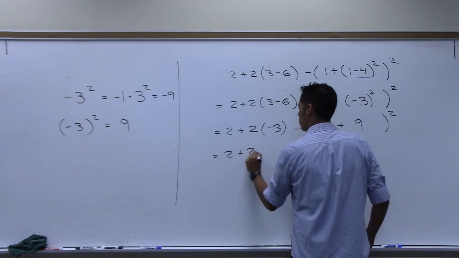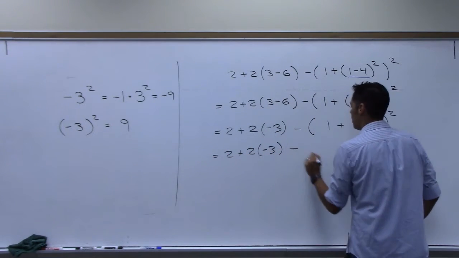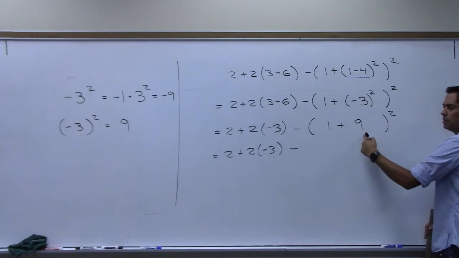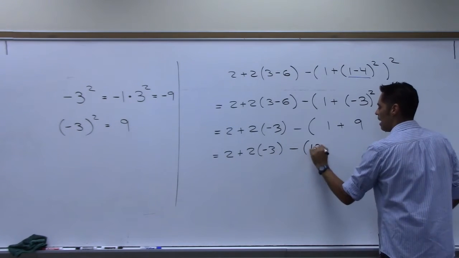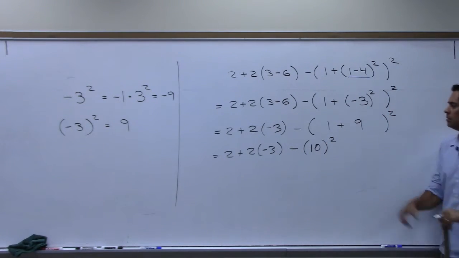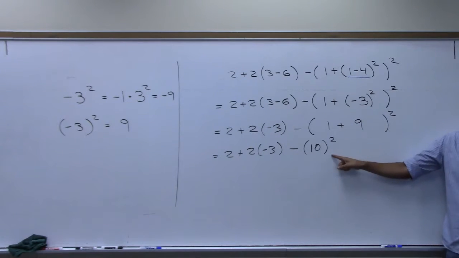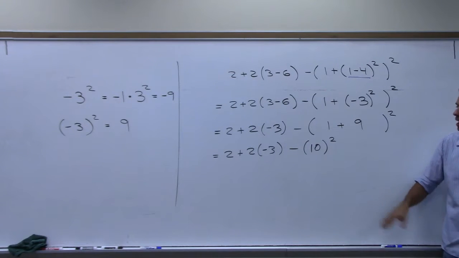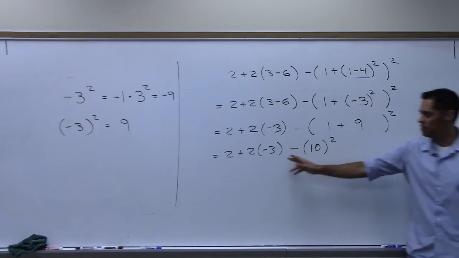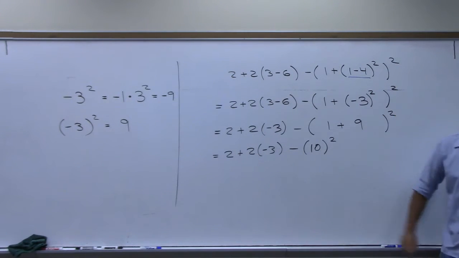2 plus 2 times -3 minus, let's go ahead and put these two together, 10, and that 10 is being squared. This 10 squared. Order of operations. I need to do this exponent, right? Before I do this multiplication, before I do any addition or subtraction.